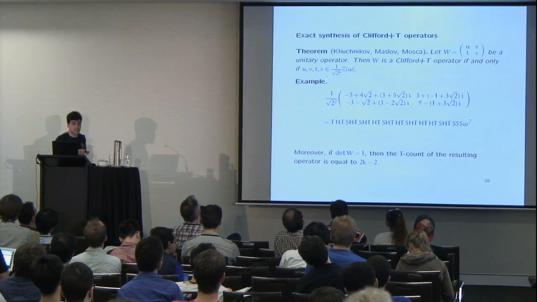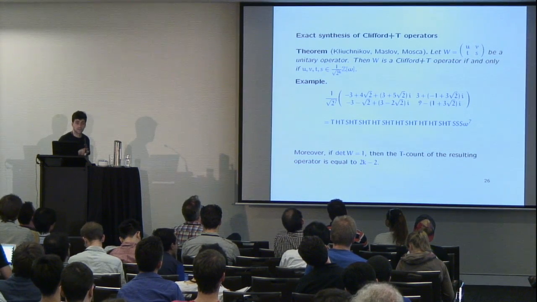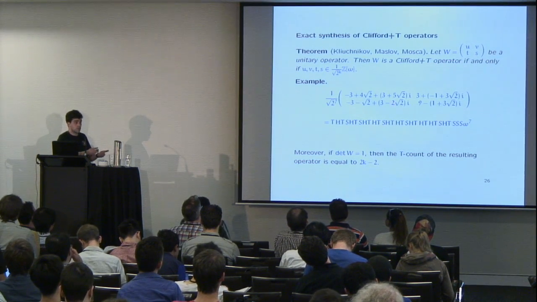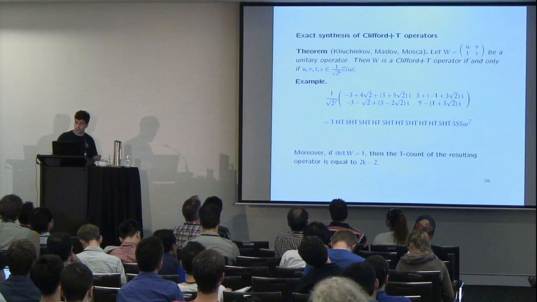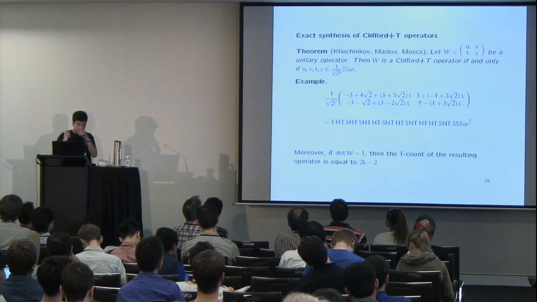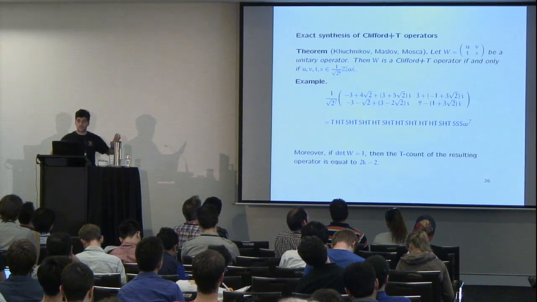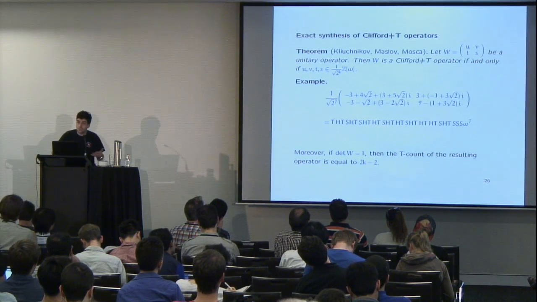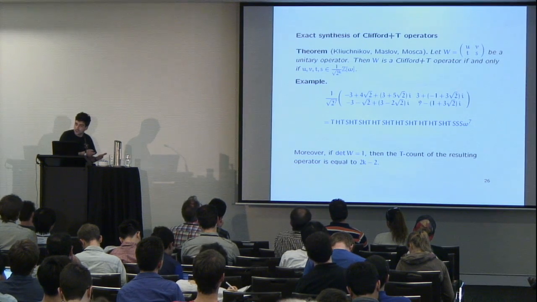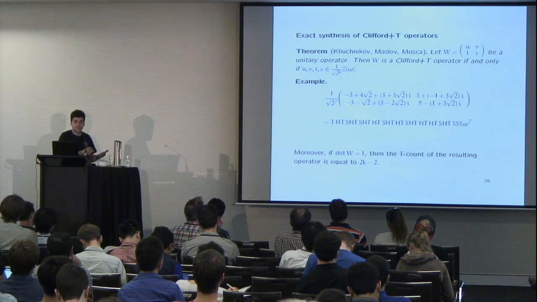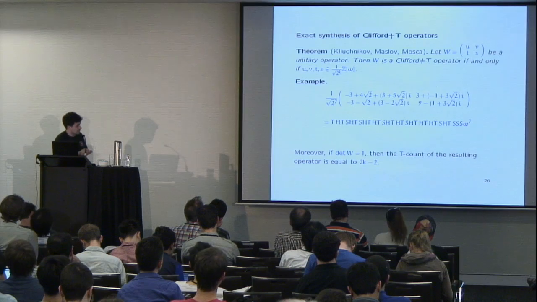So they give an efficient algorithm to determine if your operator is in Clifford+T, and to construct the circuit if it is. It's a really nice algebraic characterization of Clifford+T operators, where you only need to look at what the entries are like to determine if it sits in the group.